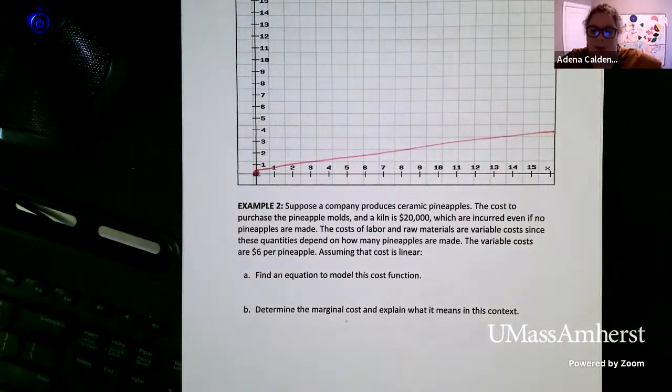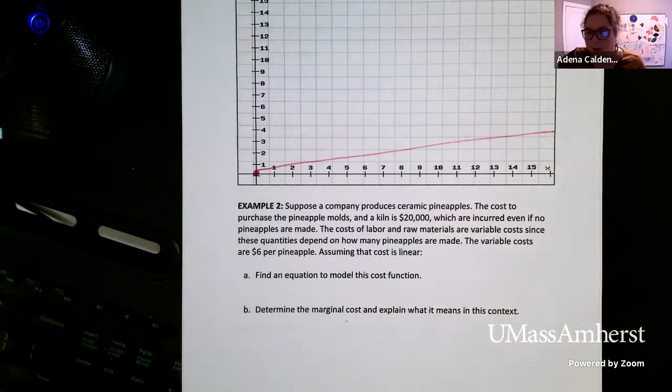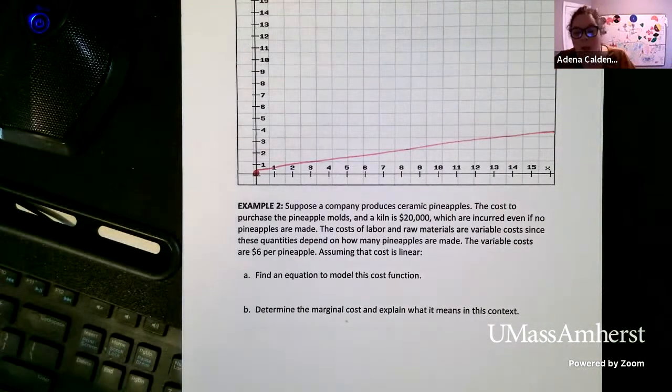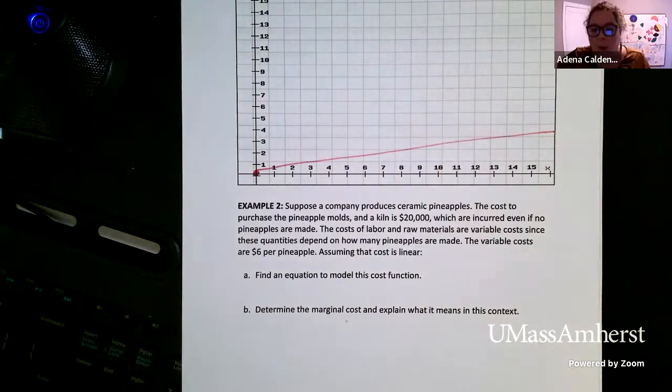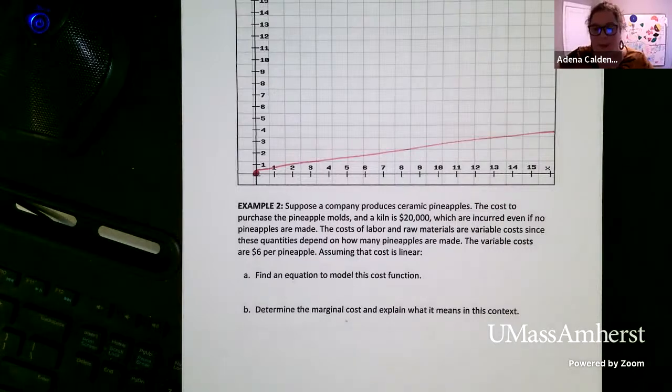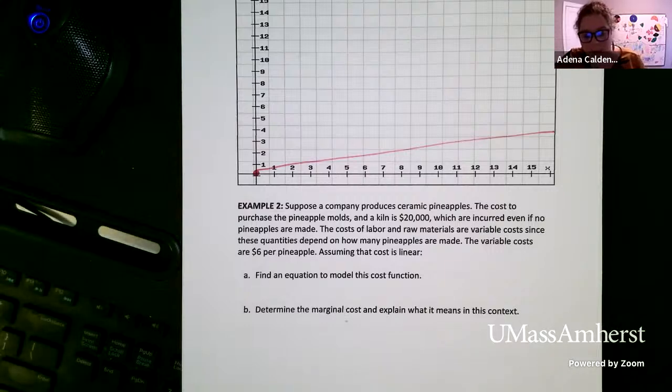Assuming that cost is linear, I want you to set up an equation for the cost function. So using the right variables, we're going to use C and Q. And then in part B, I want you to talk about what the marginal cost is and what it means in this context. Okay, so I want you to take about 1 to 2 minutes, right? Think about how we set that up, think about what that means, right? And then we'll go through it together.